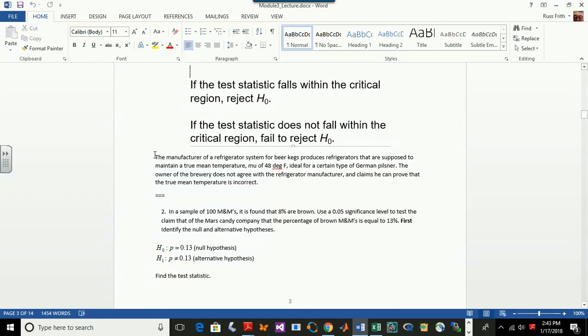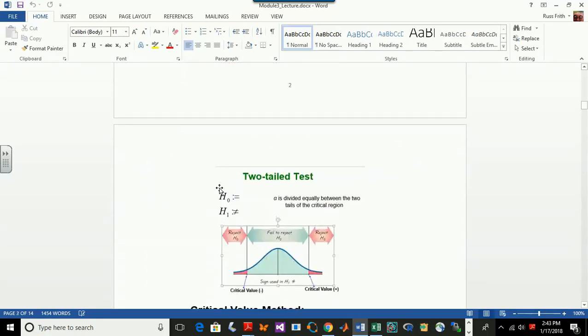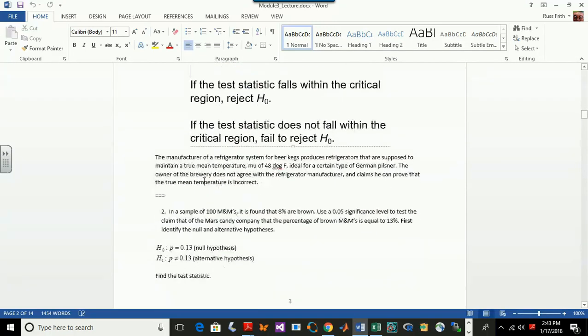In this example, we're going to formulate a null and alternate hypothesis. The manufacturer of a refrigerator system for beer kegs produces refrigerators that are supposed to maintain a true mean temperature mu of 48 degrees Fahrenheit. The owner of a brewery does not agree with the refrigerator manufacturer and claims that he can prove that the true mean temperature is incorrect.